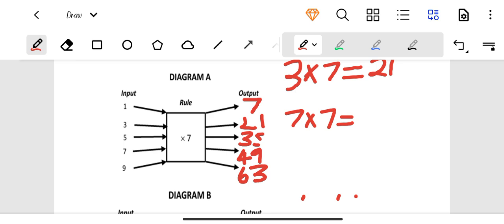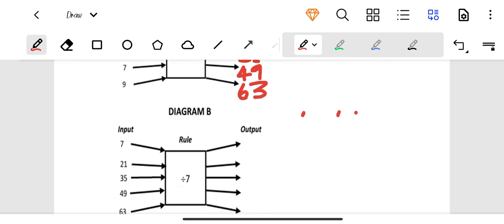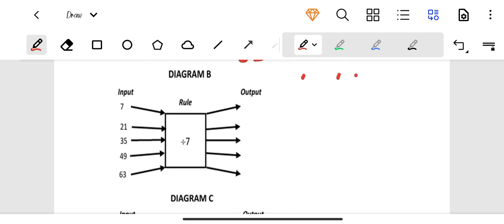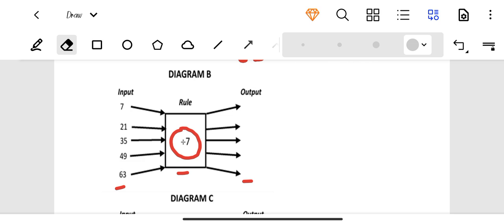Let's jump to diagram B. Now they changed. They gave us the input and the rule, but not the output, and they changed the rule. Now we are dealing with divide by 7. Since you're given the input and the rule, you follow the rule.